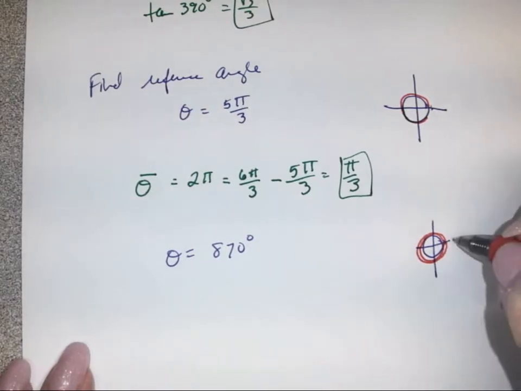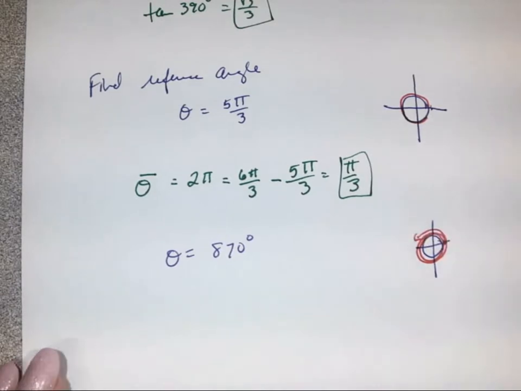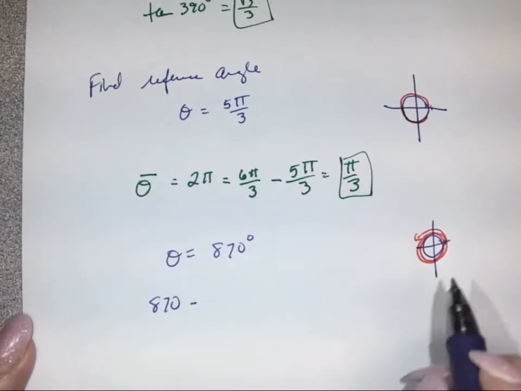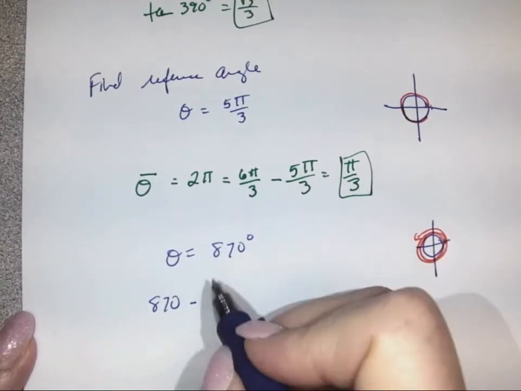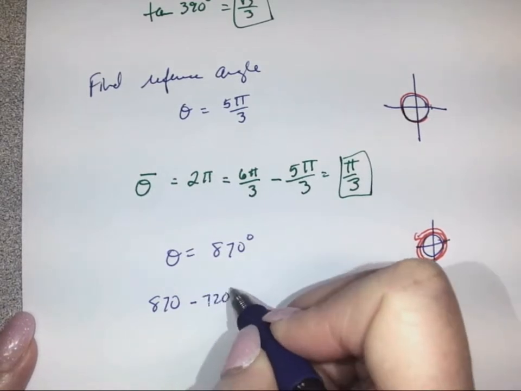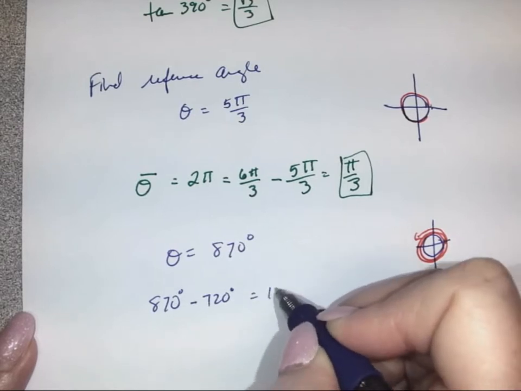And then we're going to have some more that's going to land us over into here. So we can take 870 minus twice around, which is 720, or you can do 360s at a time. It doesn't matter. So 720 will leave us with a 150 degree angle.